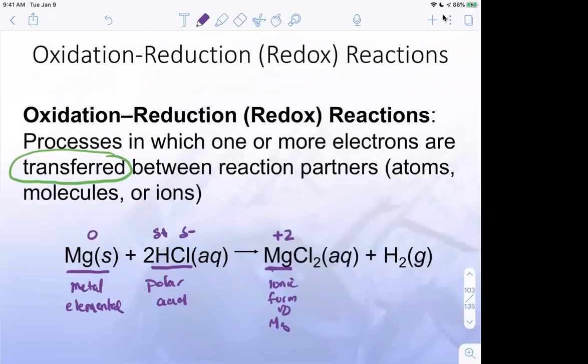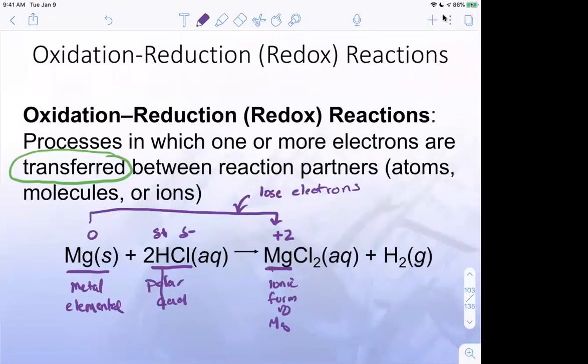And then my magnesium chloride has a +2 charge. So to get from 0 to +2, you had to actually lose electrons to do that, right? Now in my magnesium +2, I have more protons than electrons, and that's how I become positive charge.